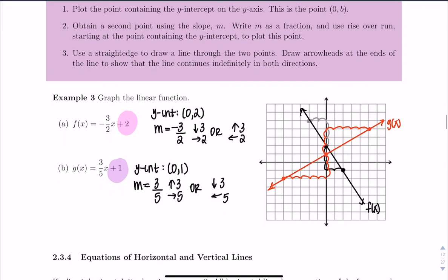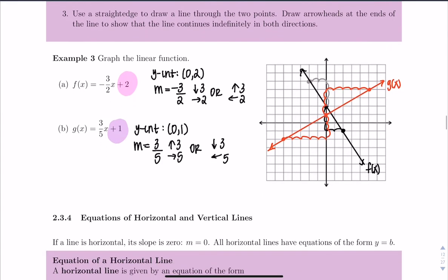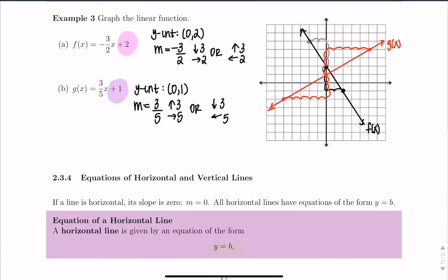And so this is the easiest way to graph a line. Plot your y-intercept and then use your slope to find the second point.